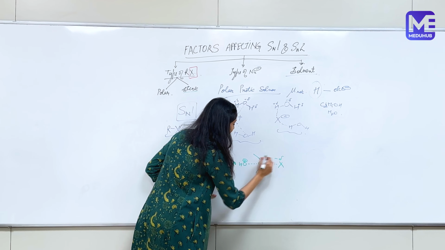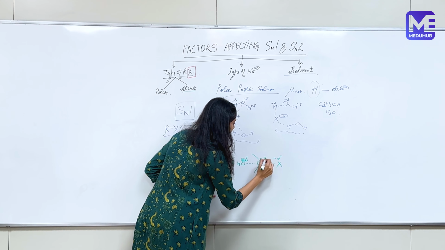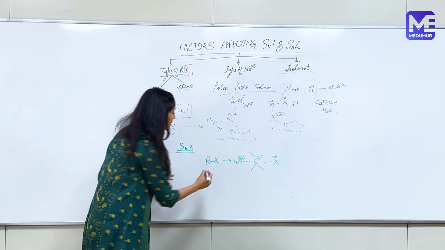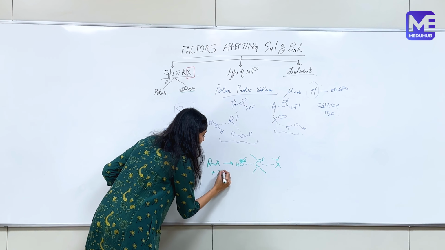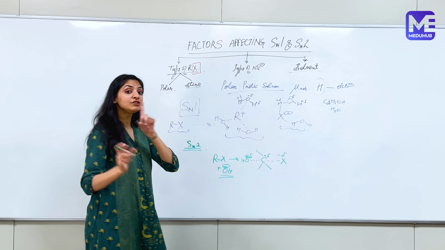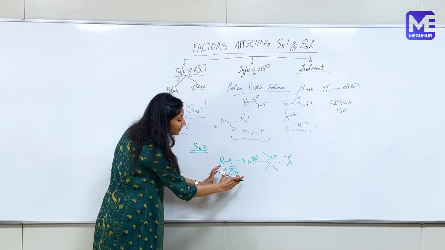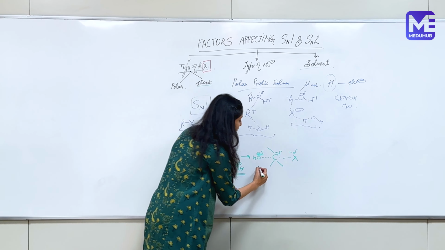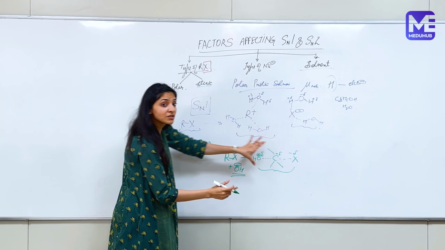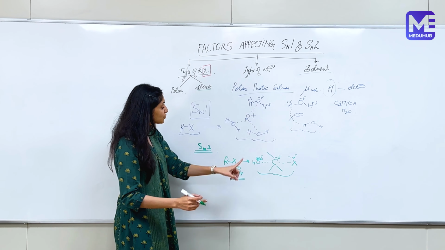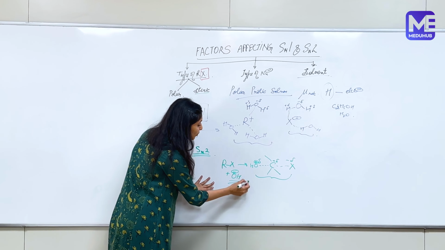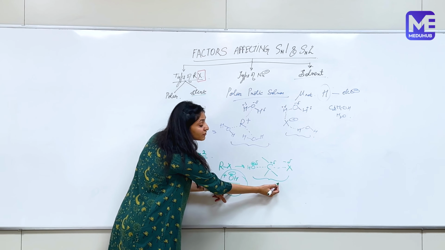So there are slight negative charges here and a slight positive charge here in the transition state, and the reactant is Rx and a nucleophile. Now the charge on the reactant, which is the nucleophile here, is more concentrated, whereas the charge on the transition state is more dispersed over the entire molecule. So the solvent will be able to solvate this more than the transition state.